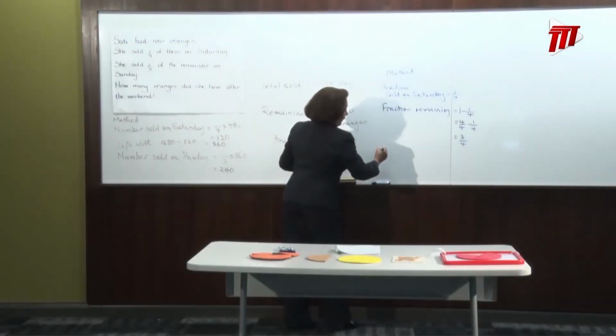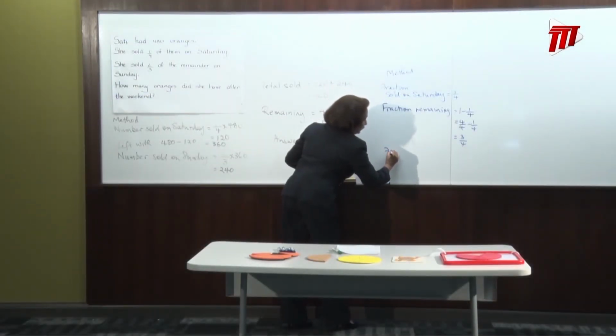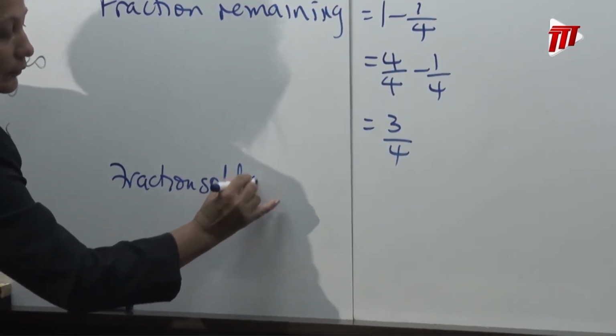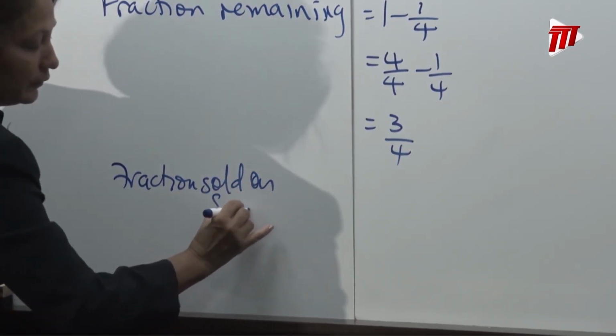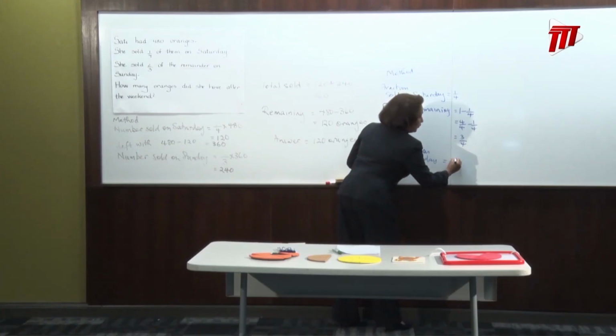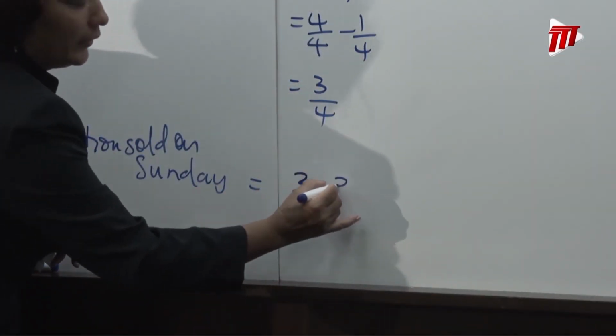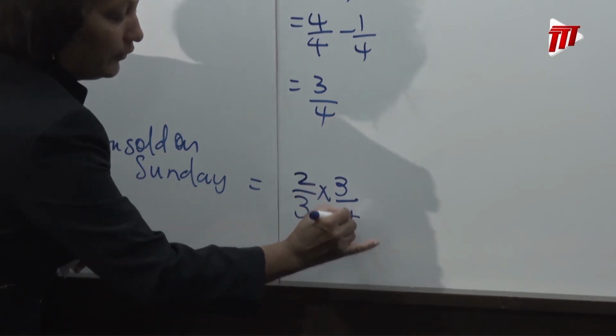On Sunday, the fraction that was sold was 2/3 of the remainder. The remainder we had was 3 quarters.